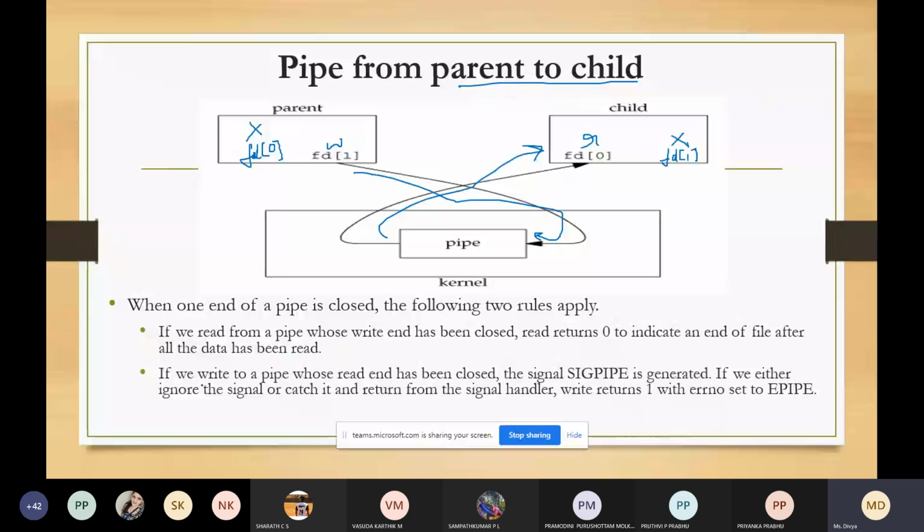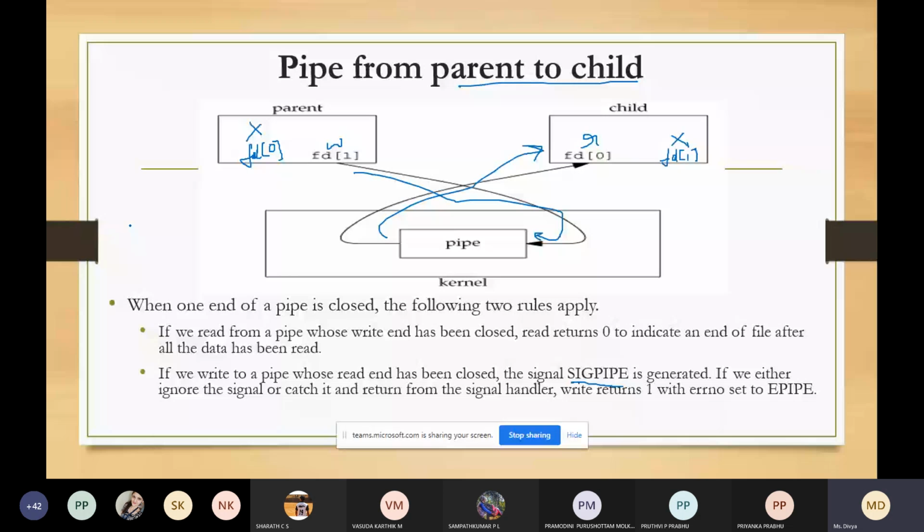Similarly, if you try to write to a pipe whose read end has been closed, a particular signal called SIGPIPE is generated.